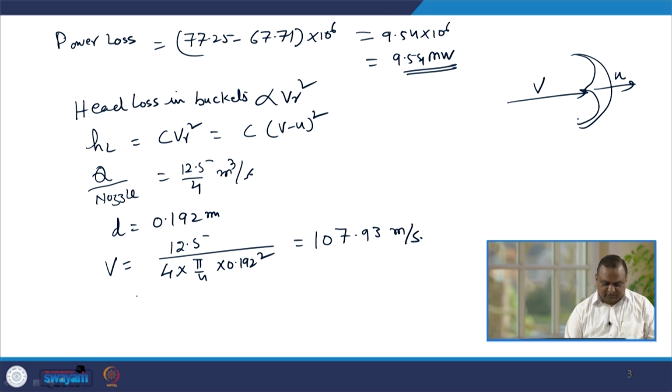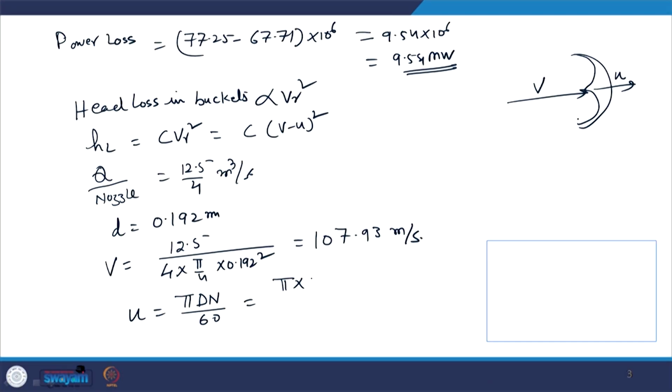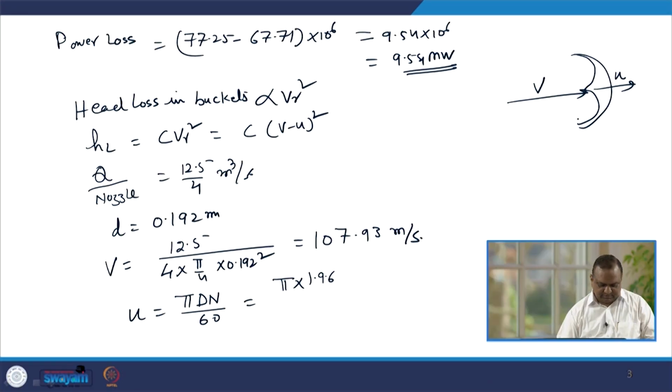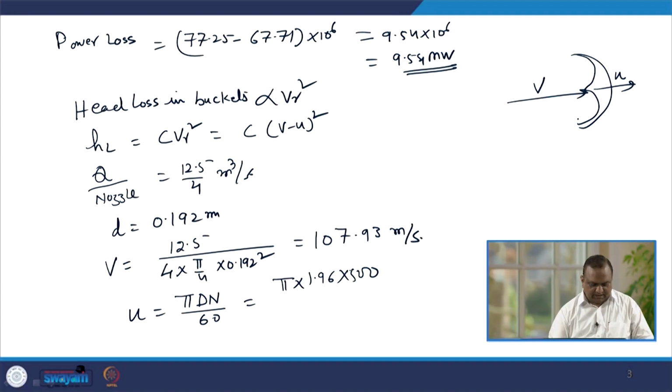Now, peripheral velocity U is equal to pi D N by 60, which is pi into diameter 1.96, N is 500 rpm, divided by 60, and that is going to be equal to 51.31 meters per second.